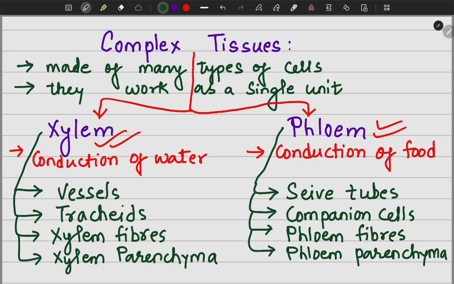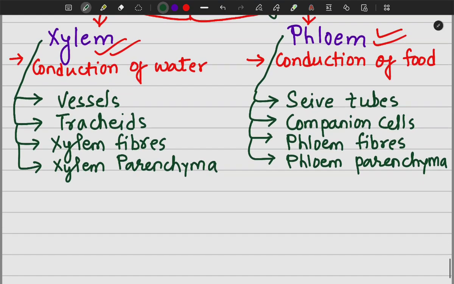Alright, I hope this much is clear. Now we will study xylem first in detail, then we will move on to phloem. So let us start with the xylem.